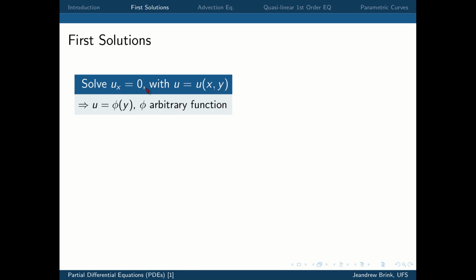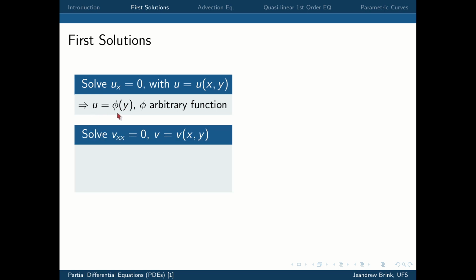Okay, so if we are told that u is a function of x and y, then the solution is that u is a constant, but a constant only with respect to x. It can still have an arbitrary dependence on y. So the solution of this statement is simply that u is a function of y.